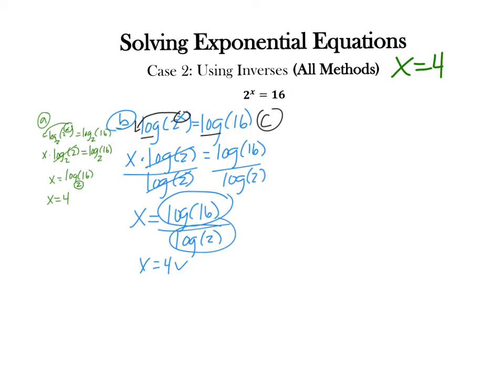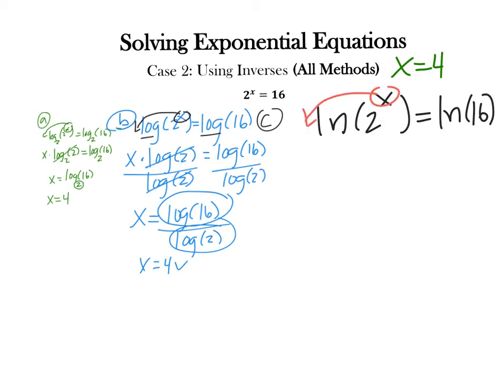Let's keep it in black. So if I take the natural log of the left and the natural log of the right, I can still use the power rule where I'm allowed to move the exponent to the front, right? A natural log is still a log, so the power rule still works.